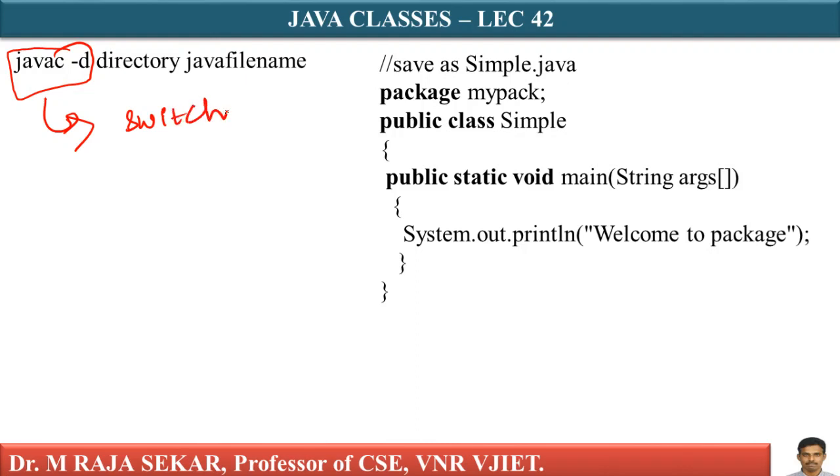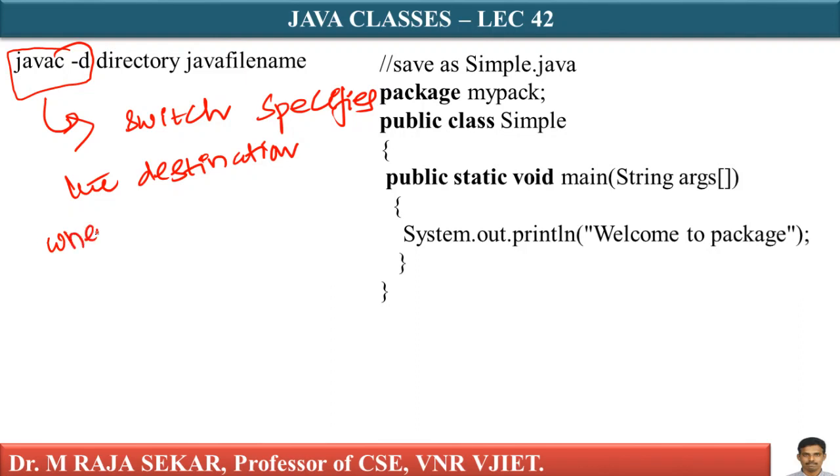The -d switch specifies the destination where to put the generated class file.